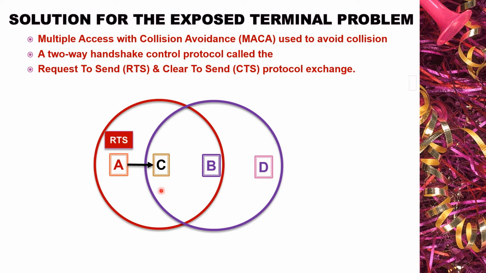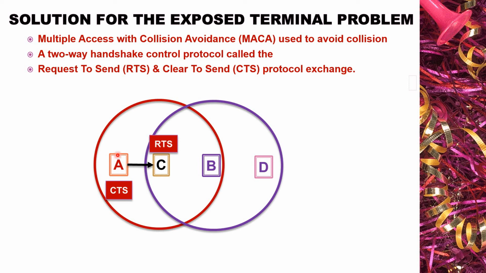So A will generate a request to send packet to C. C will receive that packet. If C is idle, then C will accept this packet, and immediately it will give an acknowledgement in terms of clear to send to A.